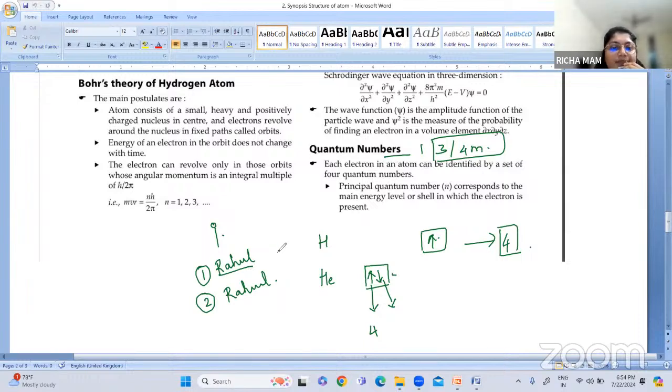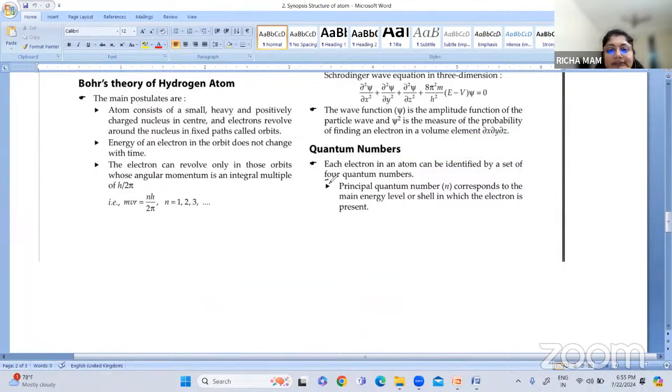Suppose his surname is Sharma and the other's is different. So each electron in an atom is identified by four different quantum numbers, just as each student is different.